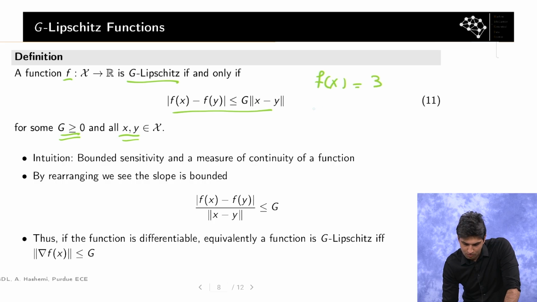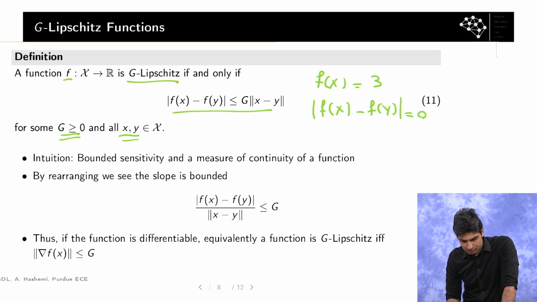So the difference between f(x) and f(y) for any different x and y is 0. So in some sense, this is a function that is highly robust with respect to the changes in the input.